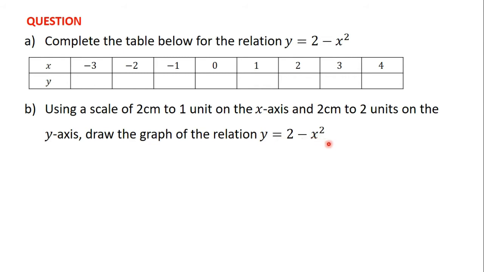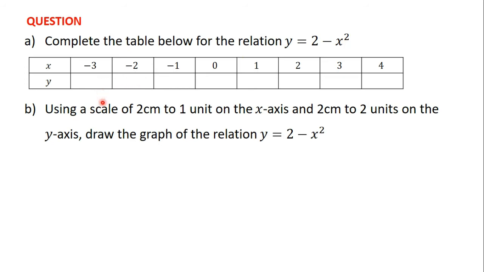So our question is in two parts. For the first part, we are going to complete this table for the relation y is equal to 2 minus x squared. That is, we will substitute each of the x values here into this relation to get its corresponding y value.